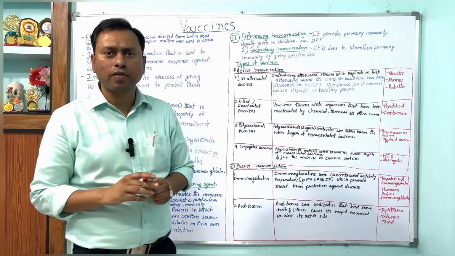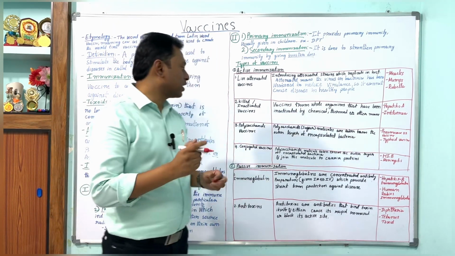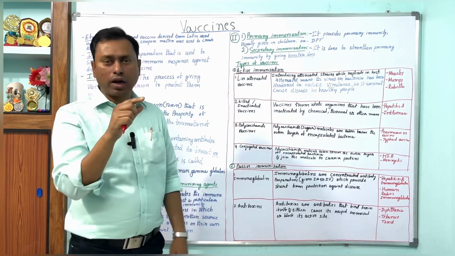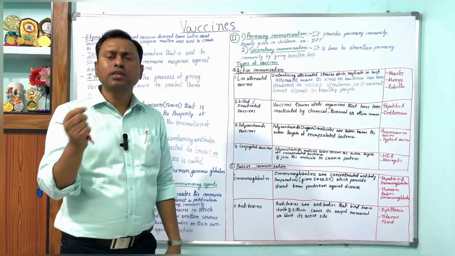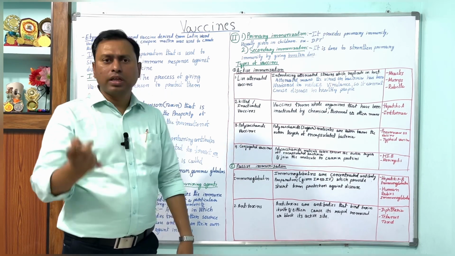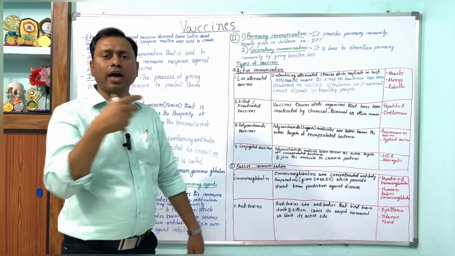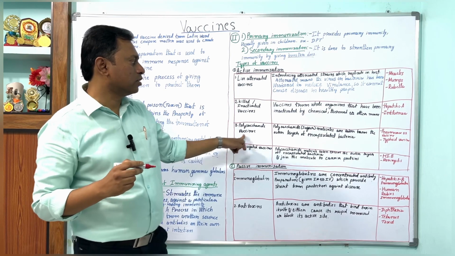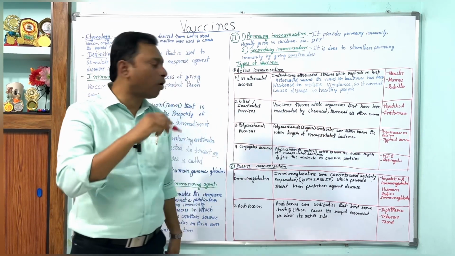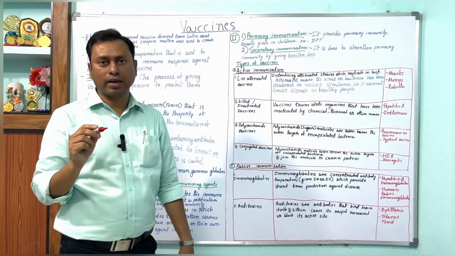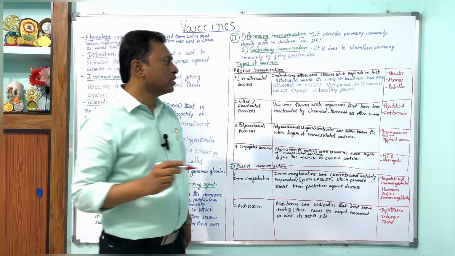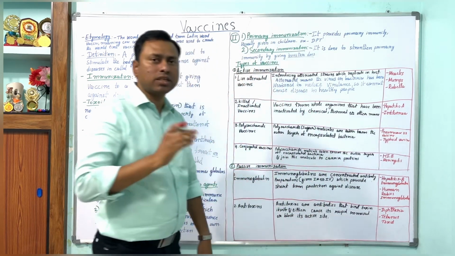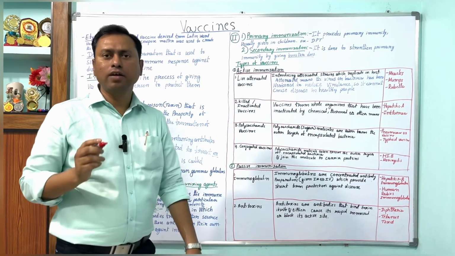The polysaccharide sugar molecules are separated, made into vaccines and injected into persons. Common examples are the typhoid vaccine and the Pneumovax 23 vaccine. These are examples of polysaccharide vaccines.